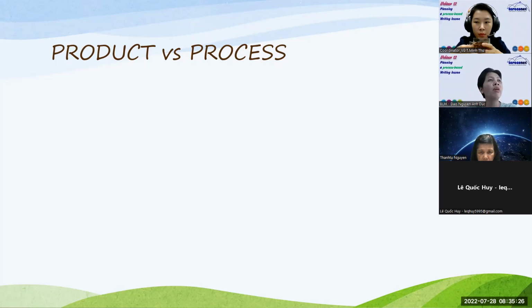One of them chose to teach an IELTS writing lesson, Task 1. After she finished her lesson, I asked her if she was using a product-oriented or process-oriented approach, and she was a little bit confused.